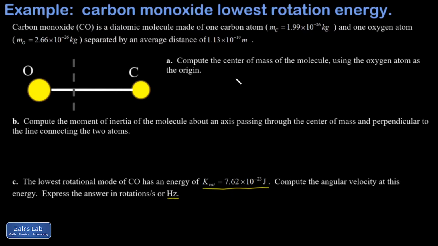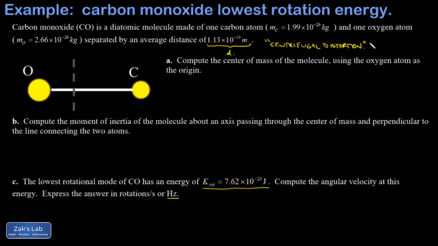Now, this problem is just a first approximation, and the issue is that the number I gave for the diameter of the molecule is only accurate if the molecule is not spinning. If the molecule begins to spin, then the bond between these two atoms will start to stretch and it changes the distance. So this is a phenomenon called centrifugal distortion by the physical chemistry people. So let's proceed somewhat naively with our first approximation.